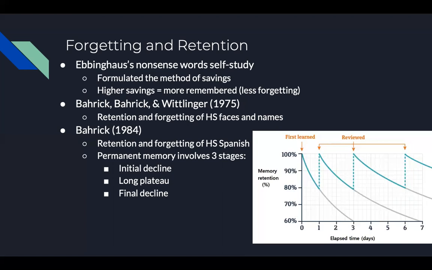They tested people's memory for the names and faces of their high school classmates. And they found that after about 15 years, people could identify pictures of people and also match names to the pictures with about 90% accuracy.